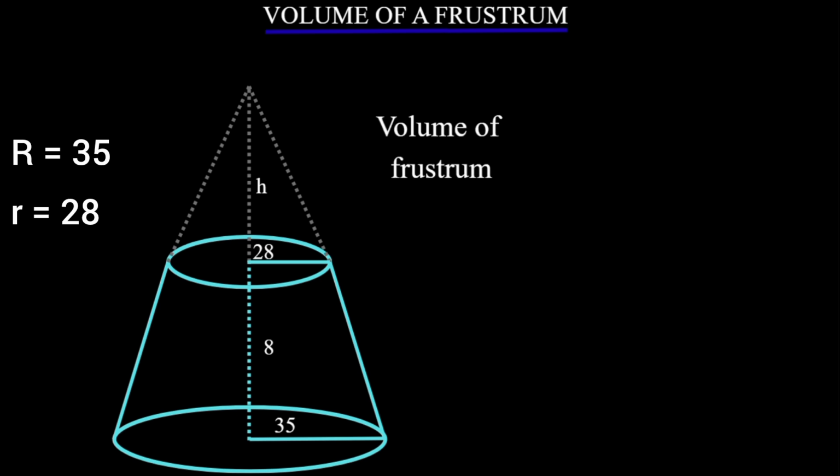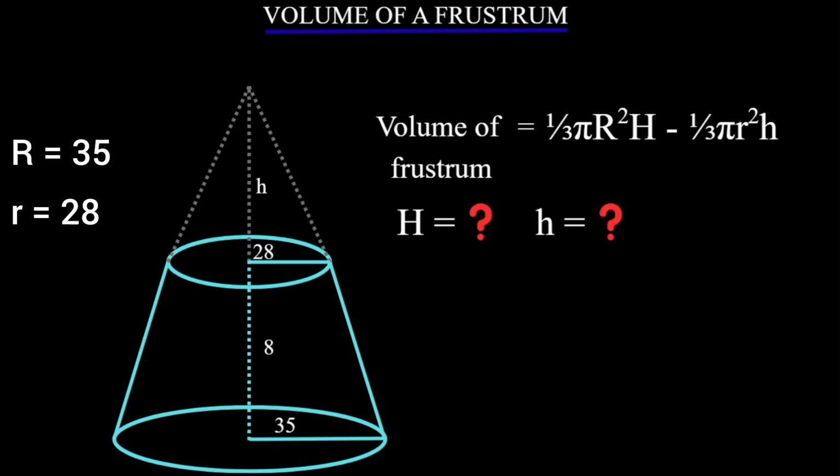So to get the volume of this frustum, it shall be the volume of the larger cone minus the volume of the smaller cone. That is a third pi capital R squared capital H minus a third pi small r squared small h. Now we need to solve for the value of capital H and small h first.